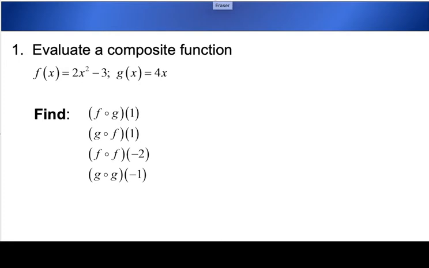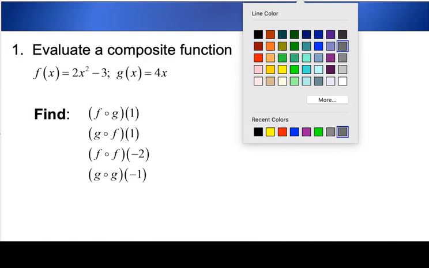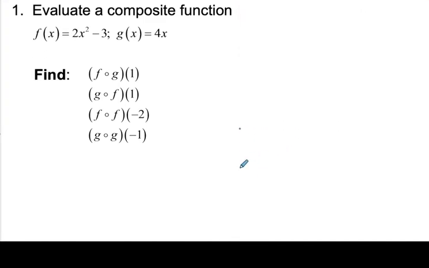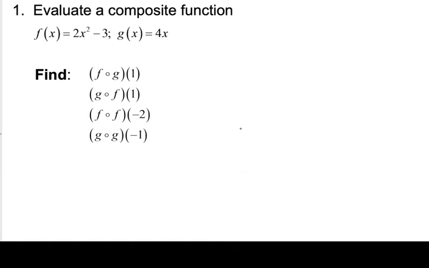Here we have a composition function. We want to evaluate f of g of 1. Then we want to evaluate g of f of 1, and then f of negative 2, and then g of negative 1. So I'm going to rewrite these so that I can have some room here. So we have f of g of 1.